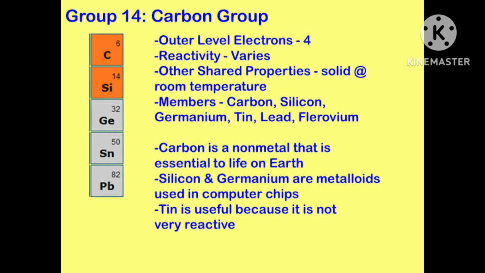PbI4 does not exist. Again, an important question. PbI4, lead tetraiodide, does not exist. Why? Because the Pb-iodine bond initially formed during the reaction does not release enough energy to unpair 6s electrons and excite one of them to a higher orbital to have 4 unpaired electrons around the lead atom.